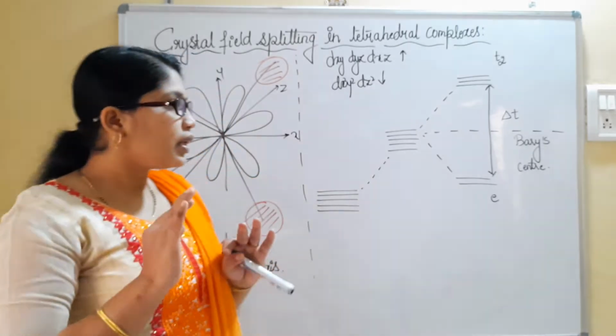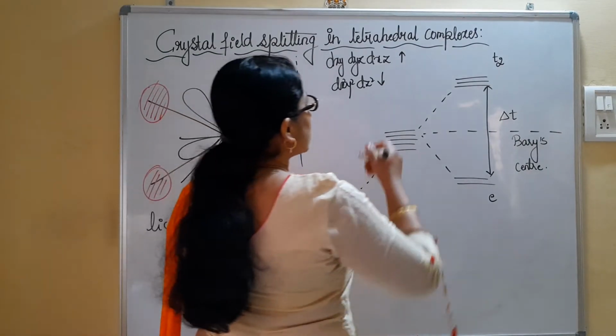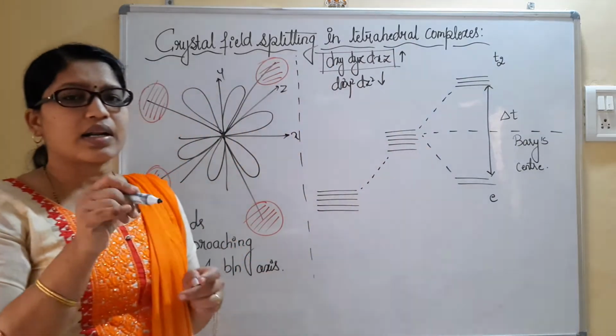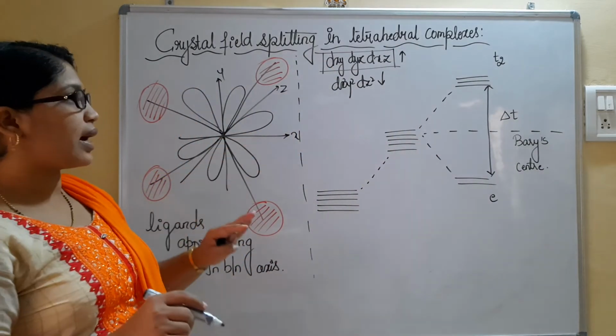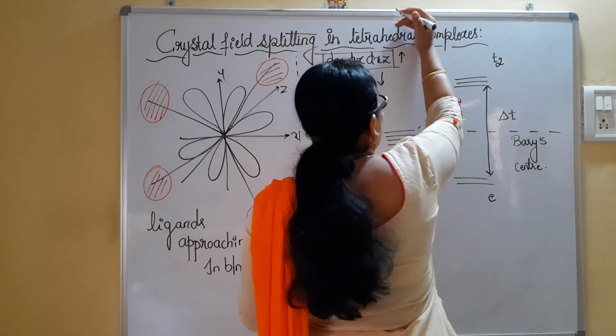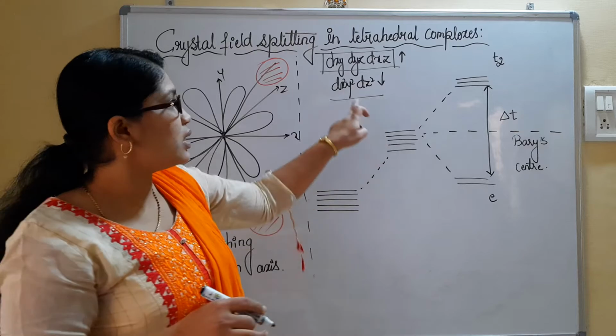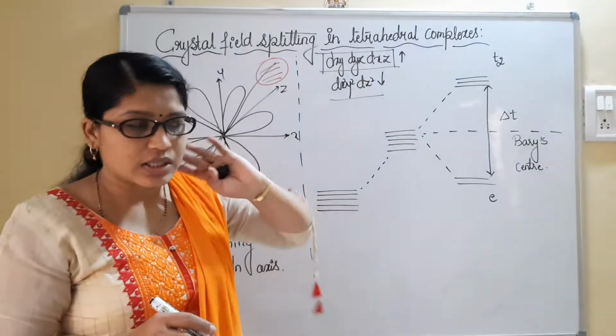That's it. Now do concentrate. I have represented here dxy, dyz and dxz, the orbitals present in between the axes, which will have higher energy than the orbitals present along the axis, dx square minus y square and dz square.